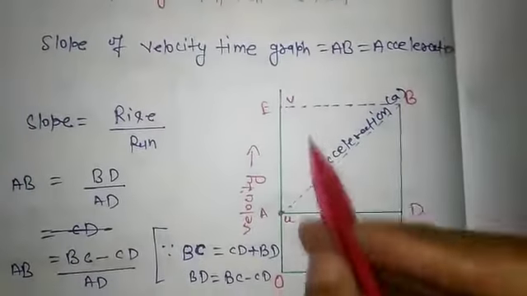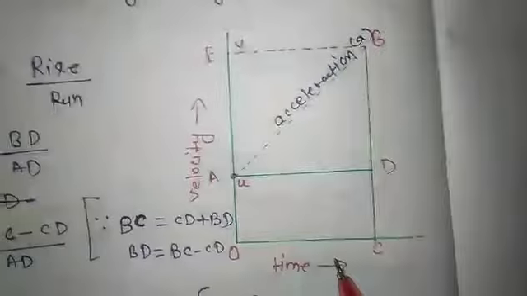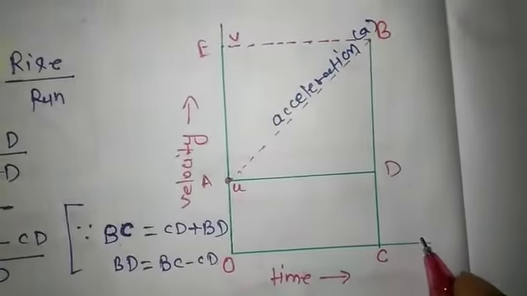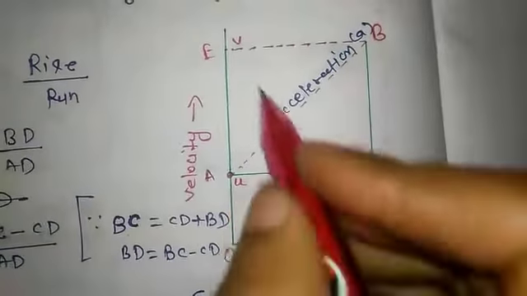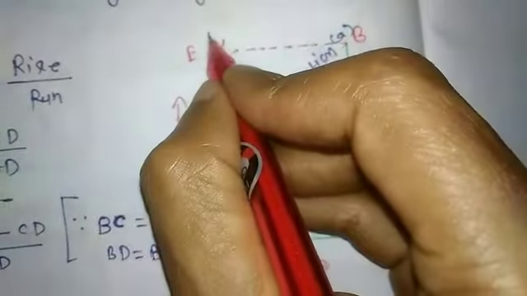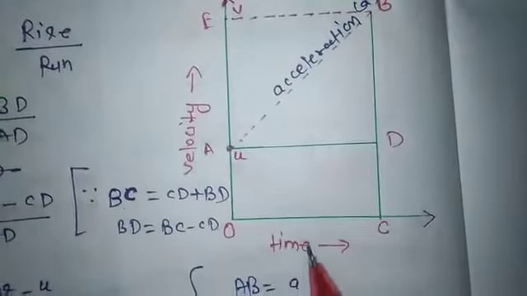In this, first we draw a graph. This axis represents the time and this axis represents the velocity.